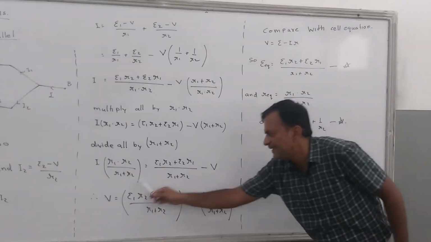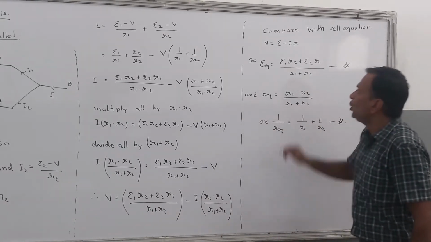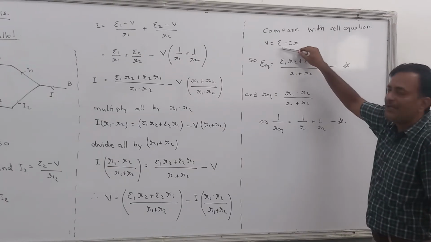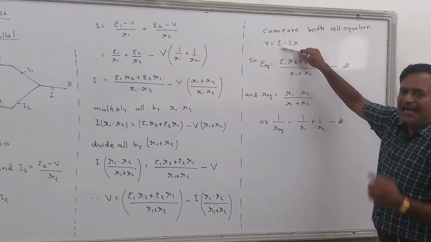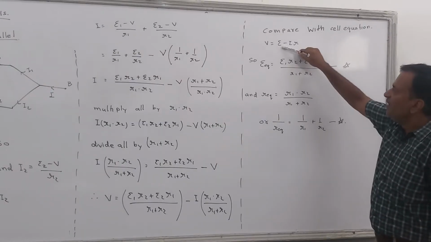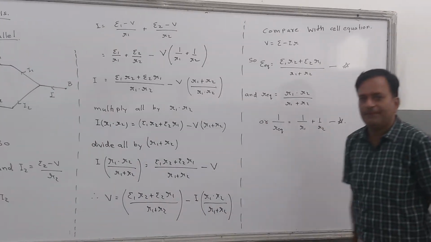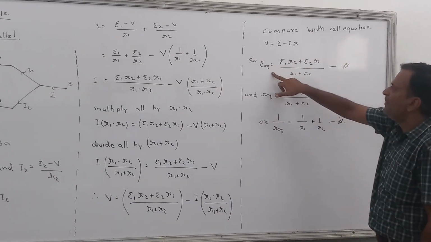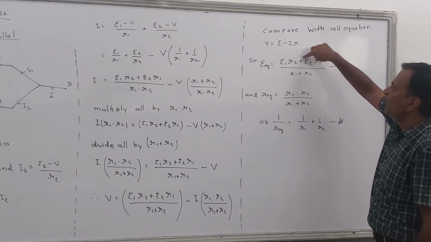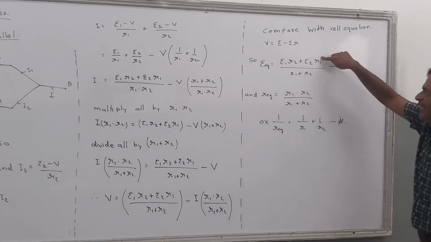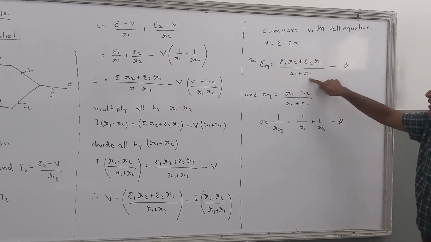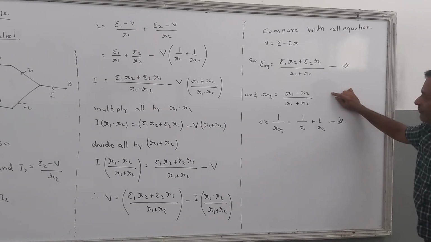This bracket is compared to this. That means the equivalent EMF will be equal to this bracket. And so the equivalent EMF is epsilon 1 R2 plus epsilon 2 R1 divided by R1 plus R2.